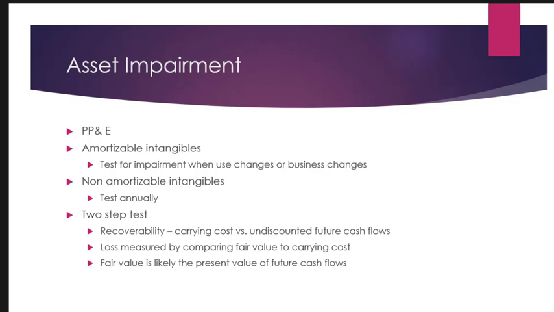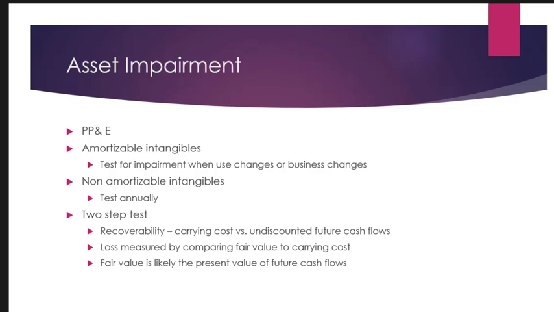Asset impairment is when the value or the usefulness of the asset drops substantially, not just because of normal wear and tear, but because of some change in the usefulness of the asset. It could be because of some kind of meteorite hit, as an extreme example. There was a fire, flood, or there could be some change in the use of the asset such that it's not as valuable.